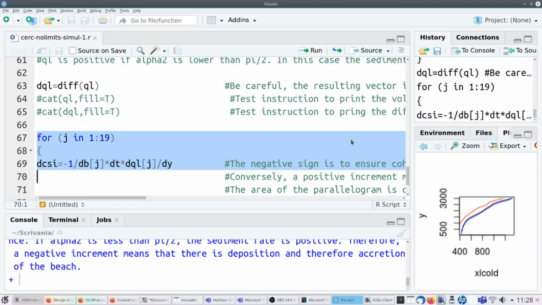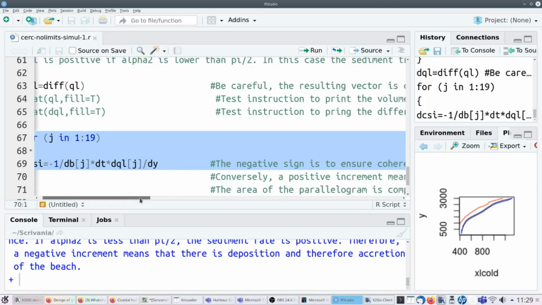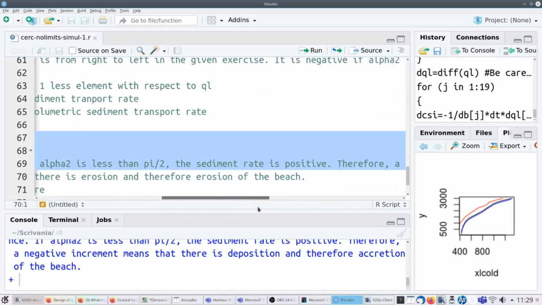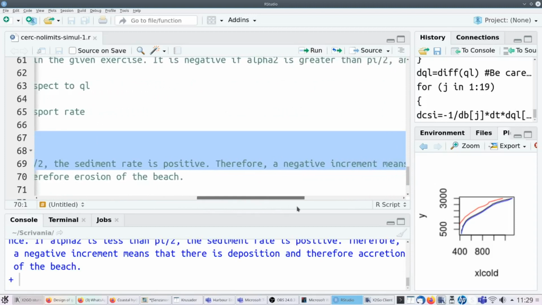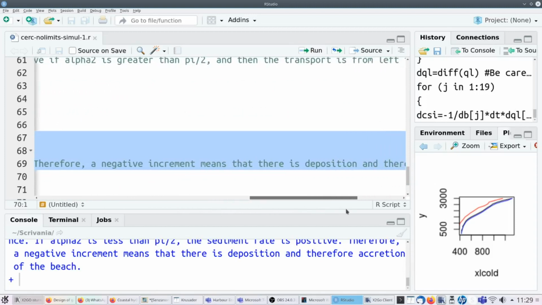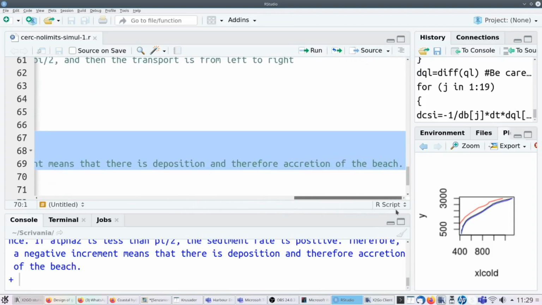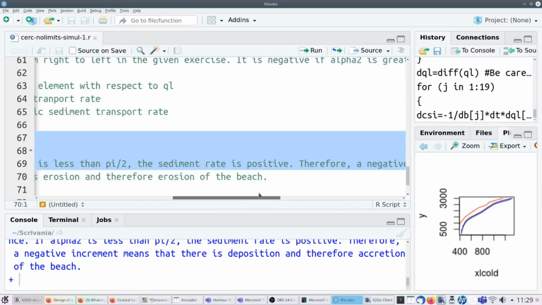Okay, and I put a negative sign here because I need to ensure coherence. If alpha 2 is less than pi half, the sediment rate is positive. Therefore, a negative increment means that there is deposition and therefore accretion of the beach.